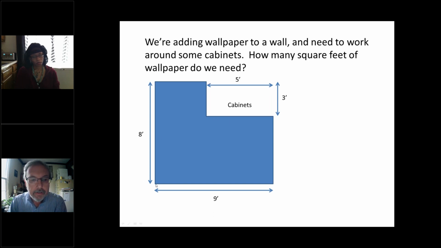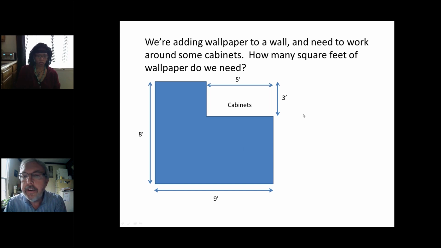So the distance from the floor to the ceiling is 8 feet. And the distance across the floor here is 9 feet. And our cabinets are 3 feet tall and 5 feet wide.